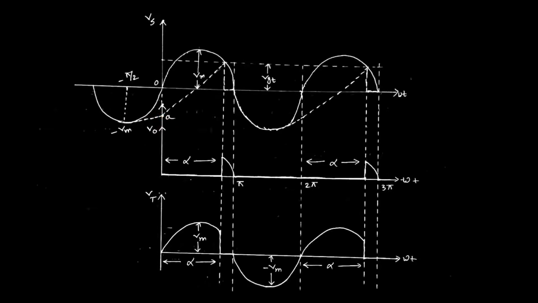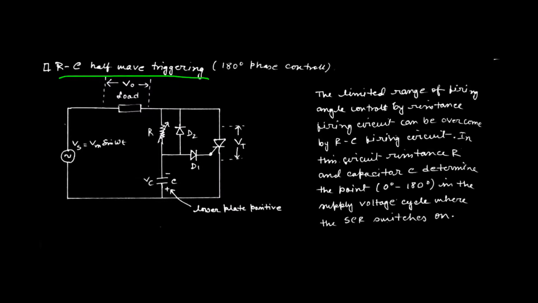And when this negative cycle ends at this particular point 0, and the positive cycle starts, this will be positive and this will be negative, right? Then the supply current tries to flow from this direction.